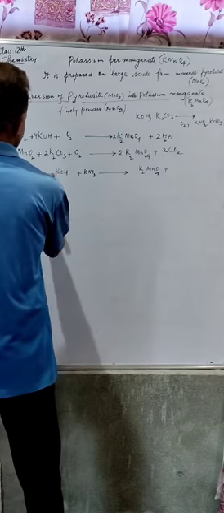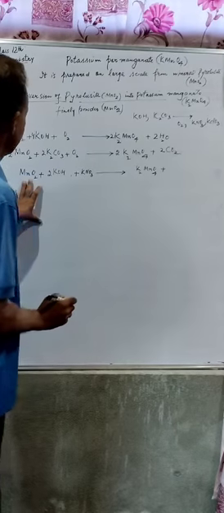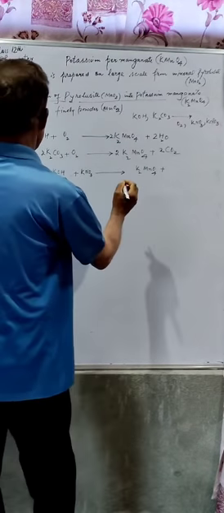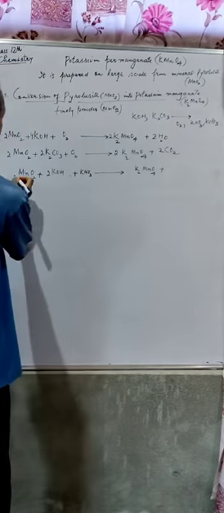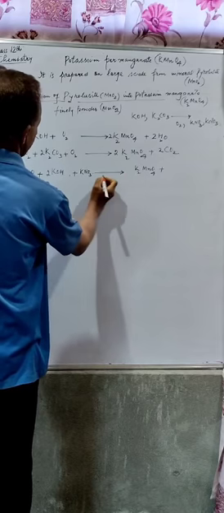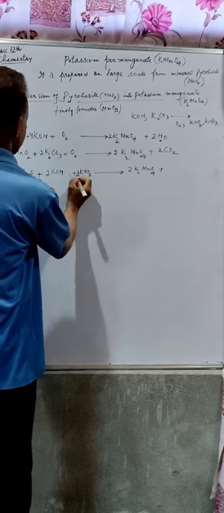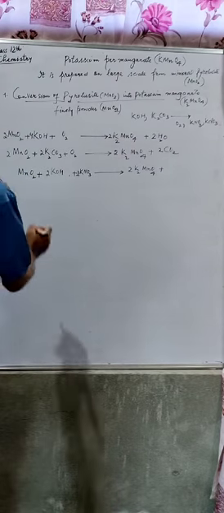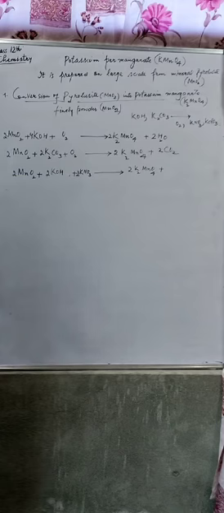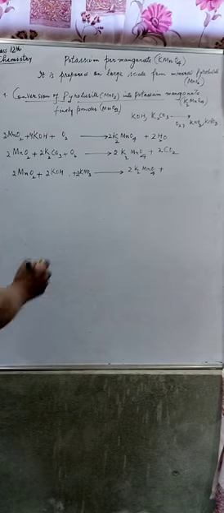Now we balance the reaction. This is twice, this is twice, and this is twice. In the balanced reaction, the KNO3 is reduced to KNO2 and water is formed.